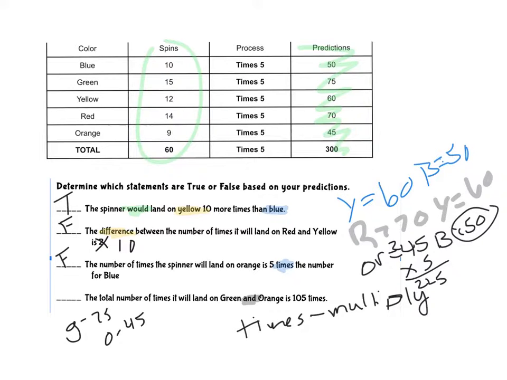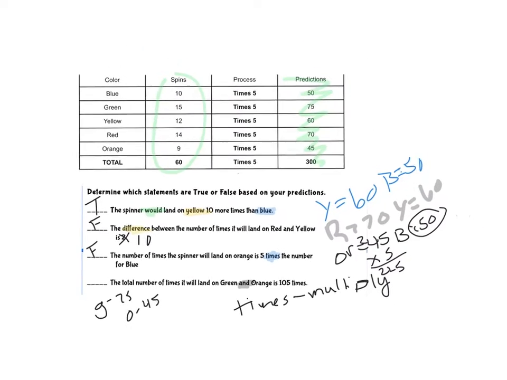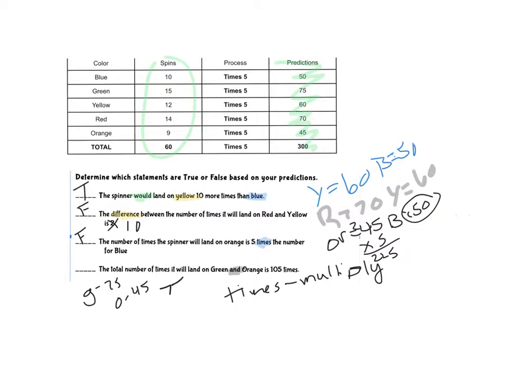When I combine those, is that going to give me 105? Let me zoom this out so I have some more room. 75 plus 45, well, that's 10, carry the 1. 7 plus 4 is 11, plus 1 more is 12, so 120. And again, that is a false statement, because what we were asking was, is it going to be 105? And it's not. It is 120, so that is a false statement.